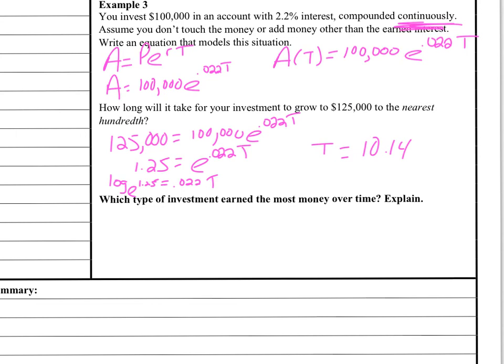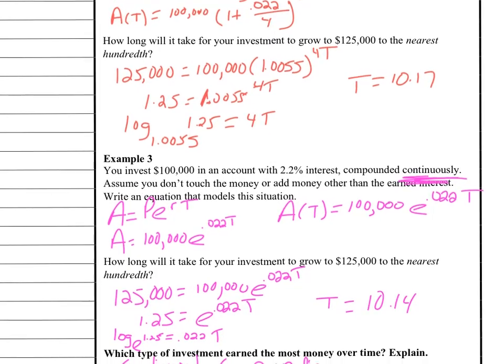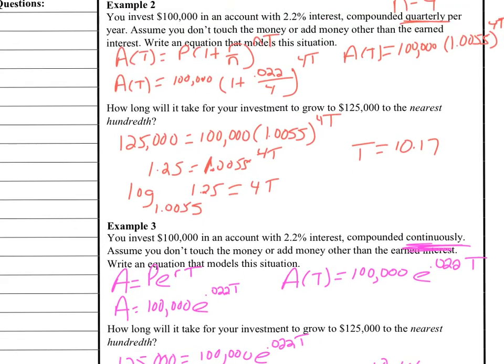So continuously compounding is the answer. And again, it's because you're constantly adding the money back onto it. You're getting more compounding when you're continuously doing it, as opposed to doing it 4 times a year or once per year.